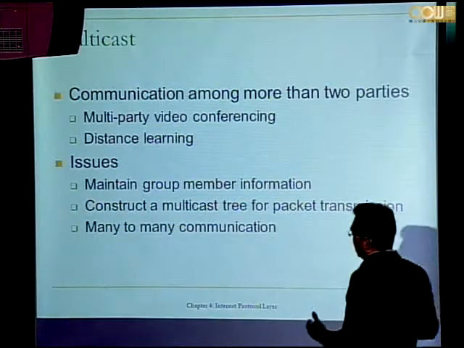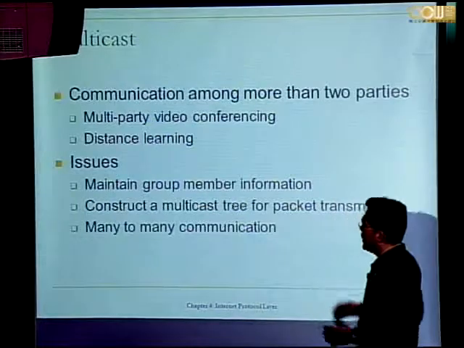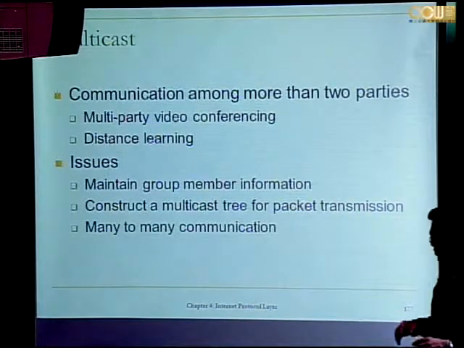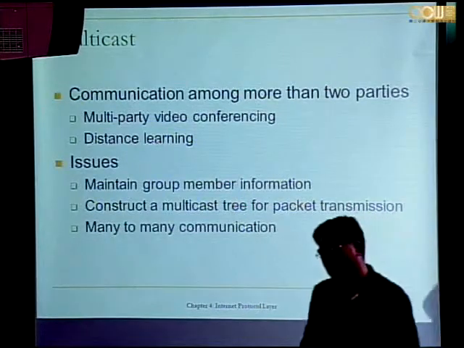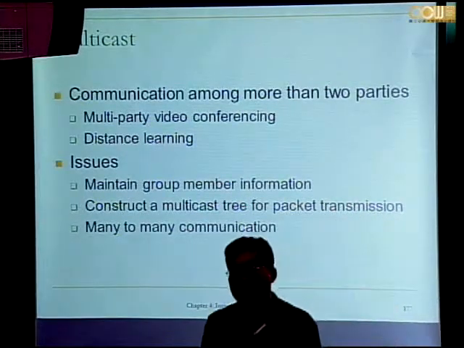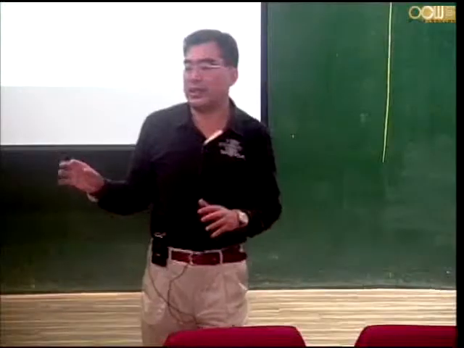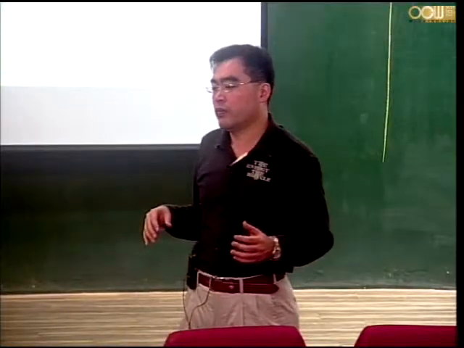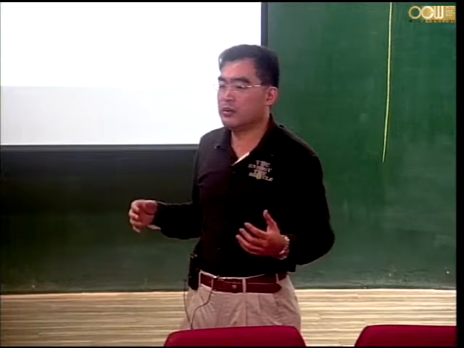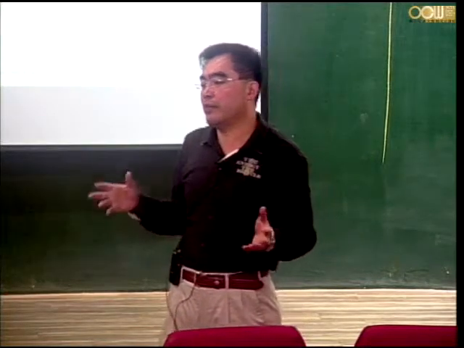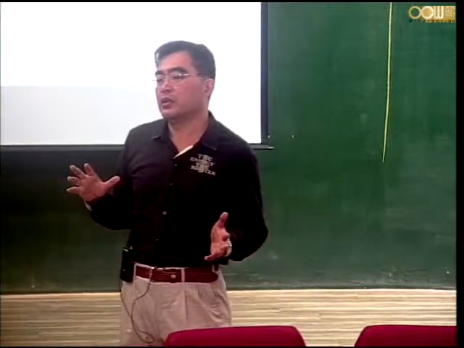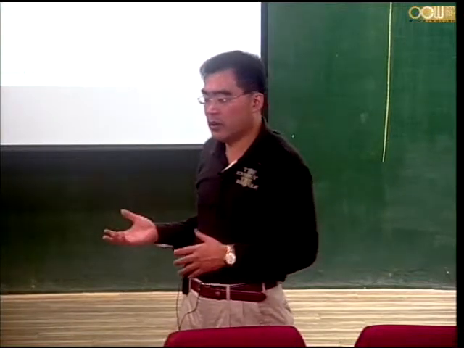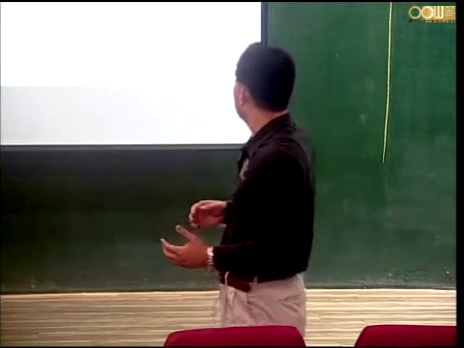And the third issue might be minor, but still an issue: the many-to-many communication. If there's a group with 10 members, any of these 10 could be the source, could be the sender. So those 10 members could be senders and receivers, sometimes sender, sometimes receiver.